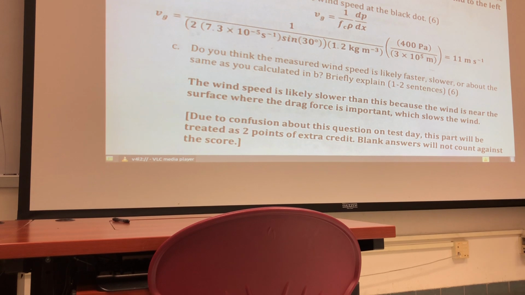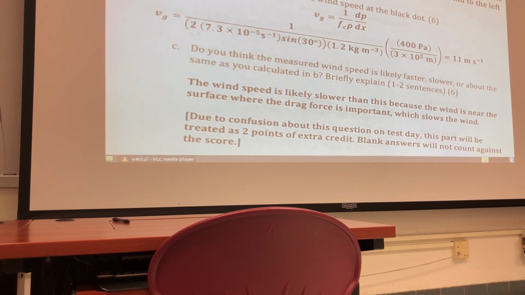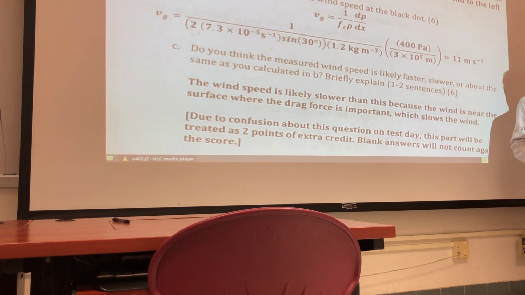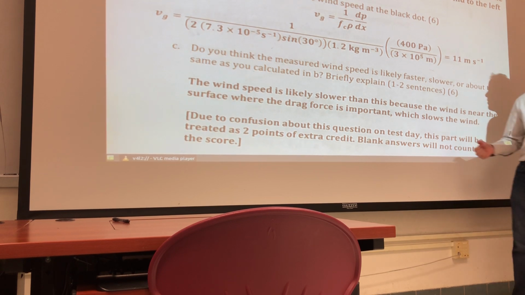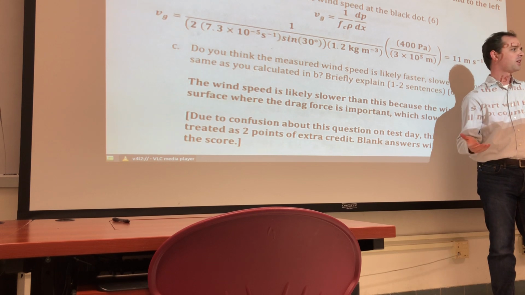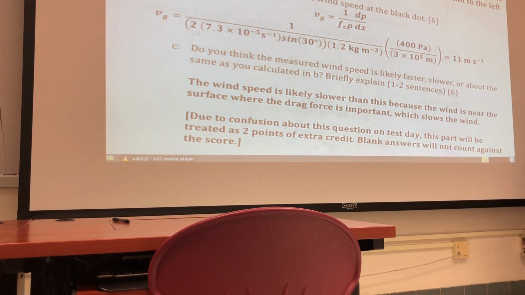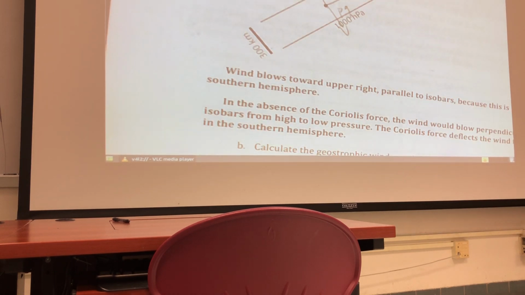The description at the top said that this was at the surface. And so all that we were looking for here is that at the surface the drag force becomes important, and as a result the wind speed should be blowing slower than up here.